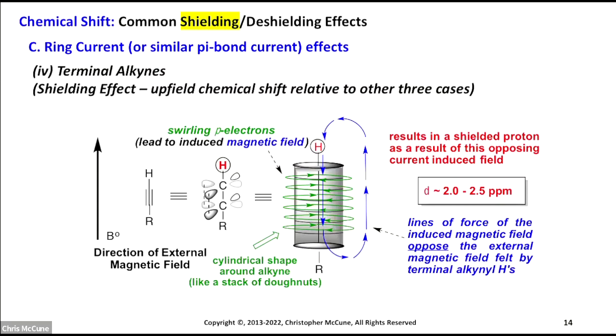Okay, so terminal alkynes have a nice shielding effect because of this different type of shape. Okay, the cylindrical shape around the alkyne, like a stack of donuts. Okay, and so it creates a different effect. The lines of force of the induced magnetic field oppose the external field, not reinforce it. And so you get a shielding effect.